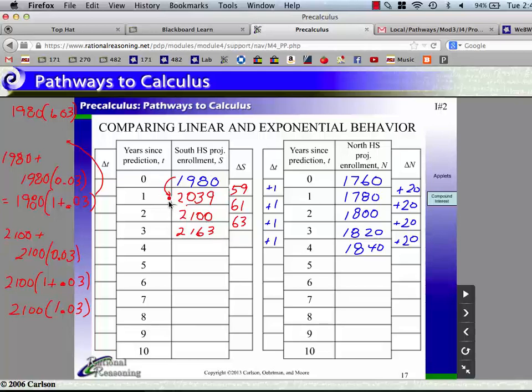This is a big point. Stay with me just a minute. What's happening to this? How is the enrollment growing at South High School? 3% increase. But how is it that we can get this next number every time? Increase of 3%. Isn't that the same as multiplying by 1.03?